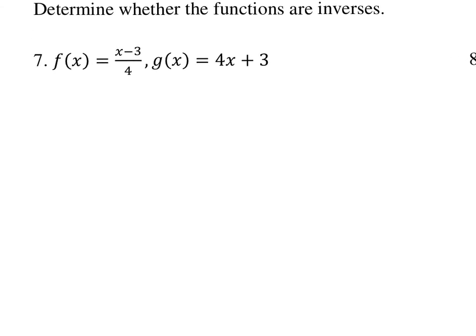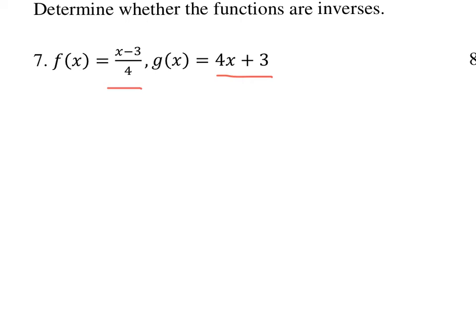We have the two functions: x minus 3 over 4, and 4x plus 3. We want to determine whether or not these are inverses of each other. The algebraic method of doing this, we pick one. We solve for the inverse.